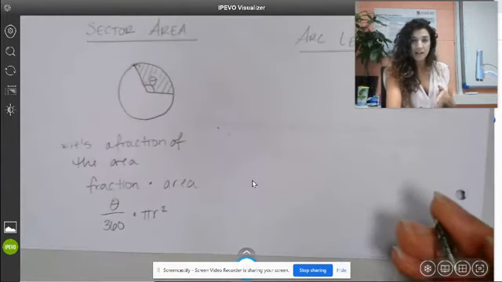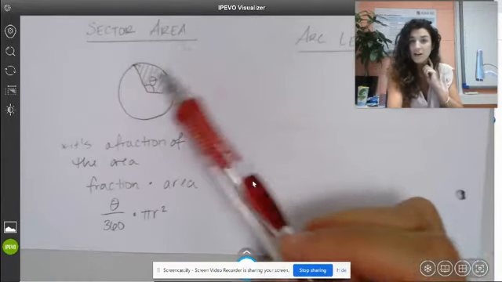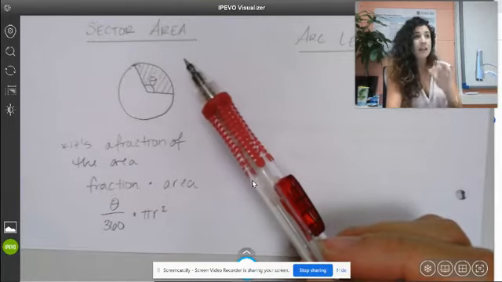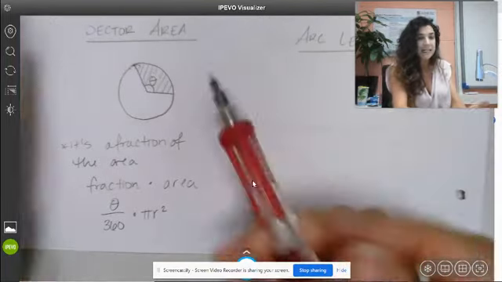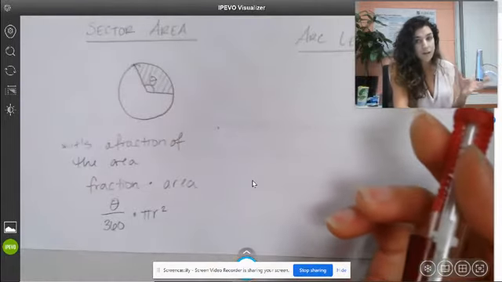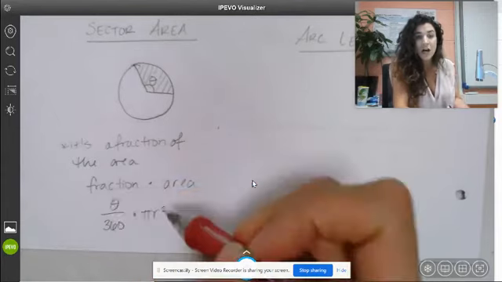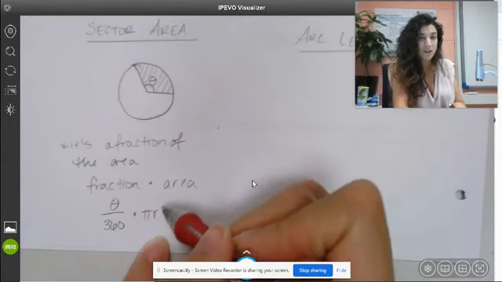Many of these pieces are available in your formula packet. I'm not entirely sure whether sector area is in your formula packet. If it is, awesome. If it's not, there's really no need to panic, as long as you realize, again, it's just the fraction of your total area, and that's it. You just need to figure out what percentage of this entire circle you're looking at. But there's definitely the area of a circle.